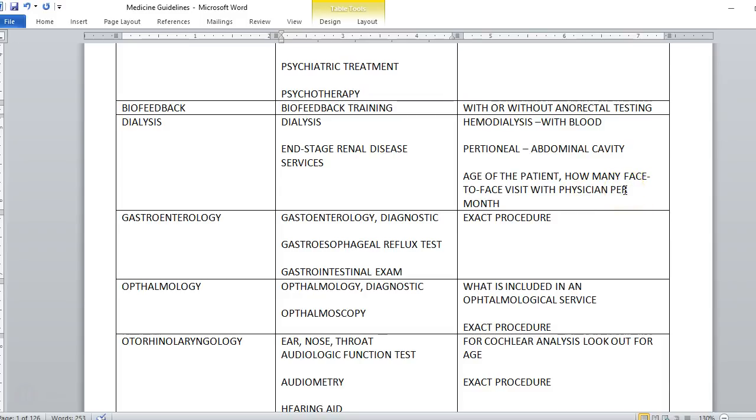The next set of codes, which is gastroenterology, does not have any guidelines, but there are 3 main terms you're going to find things under. Gastroenterology diagnostic, gastroesophageal reflux test, and gastrointestinal exam. For all of these, we need to know the exact procedure that we're doing.